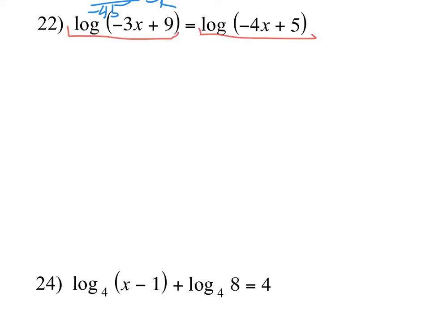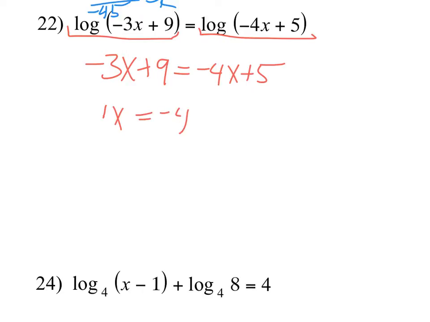Number 22, the same thing. We've got one log of base 10 on both sides and nothing else. -3x plus 9 is equal to -4x plus 5. If I add 4x to both sides and subtract 9 from both sides, we get 4x minus 3x is 1x, and negative 4 on the other side.